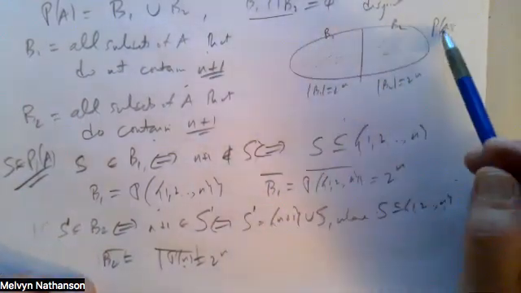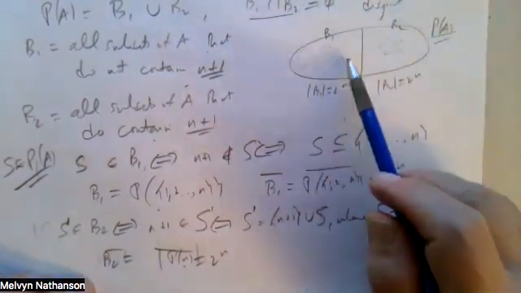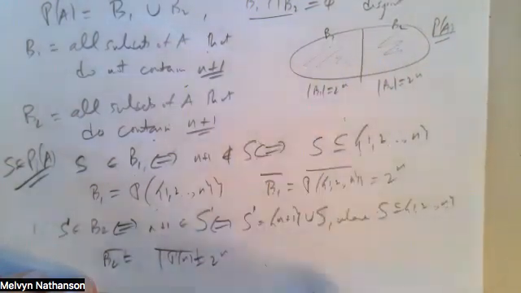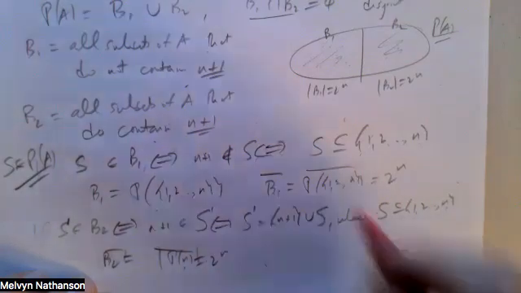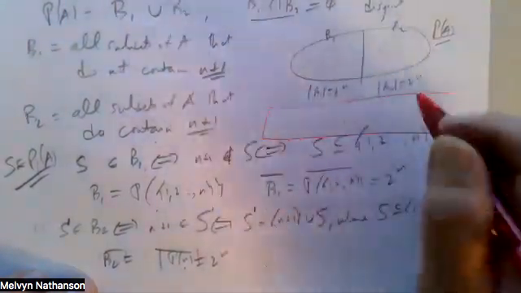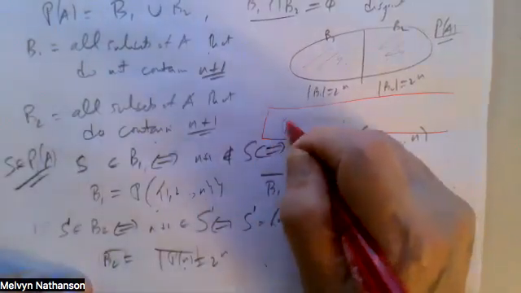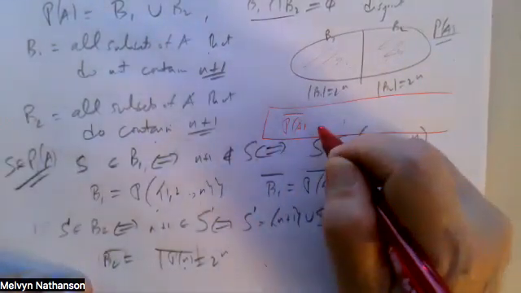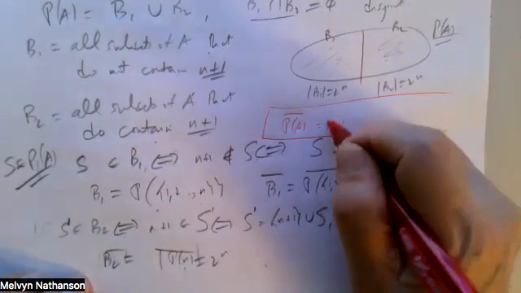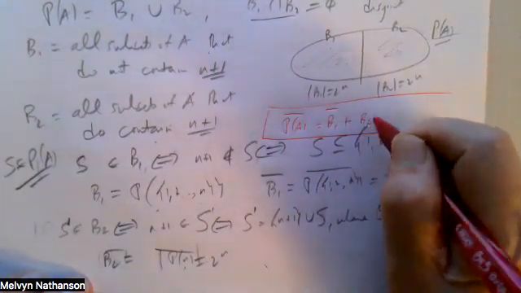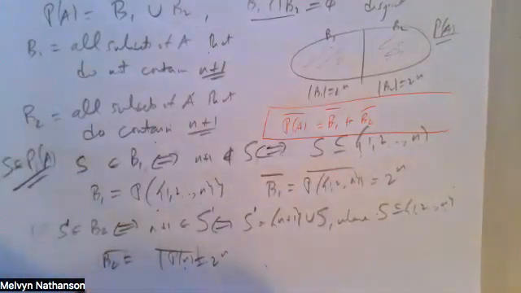So I've taken the power set of A, and I write it as a union of two disjoint pieces. What can we say? The number of elements in the power set of A is the number of elements in B1 plus the number of elements in B2.